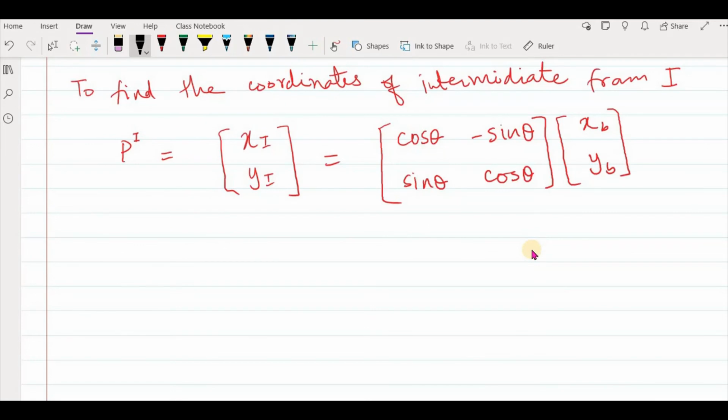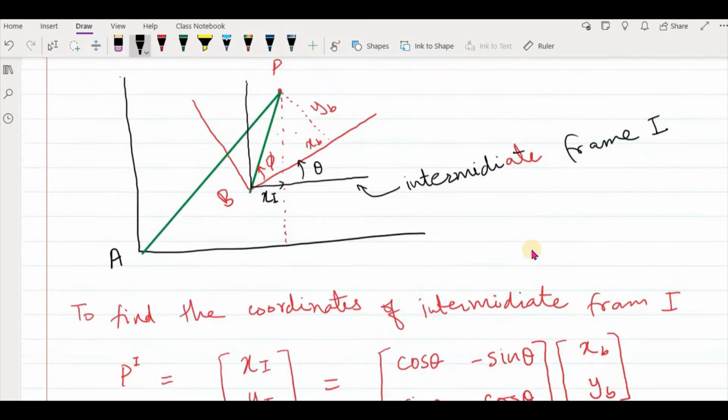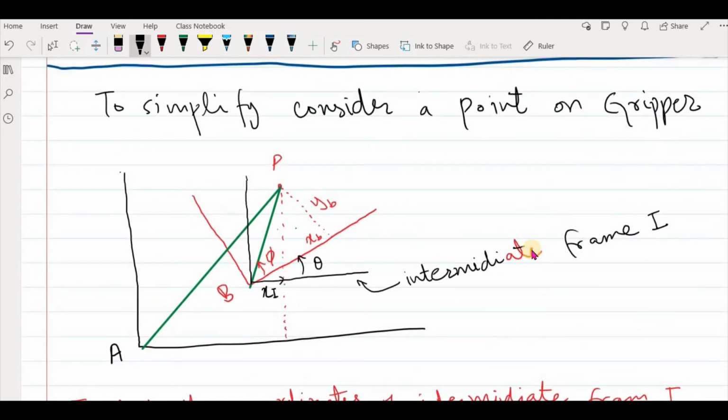So now we have the coordinates in our intermediate frame.